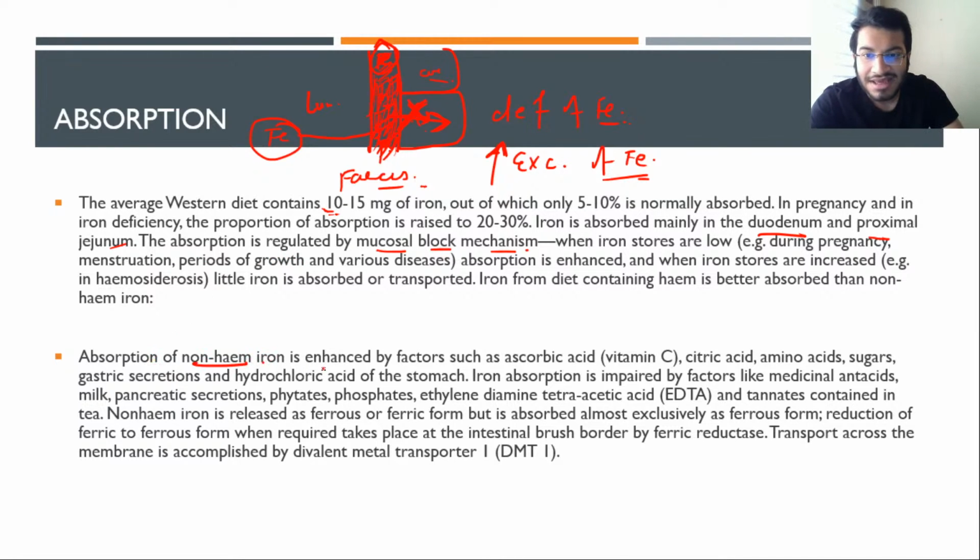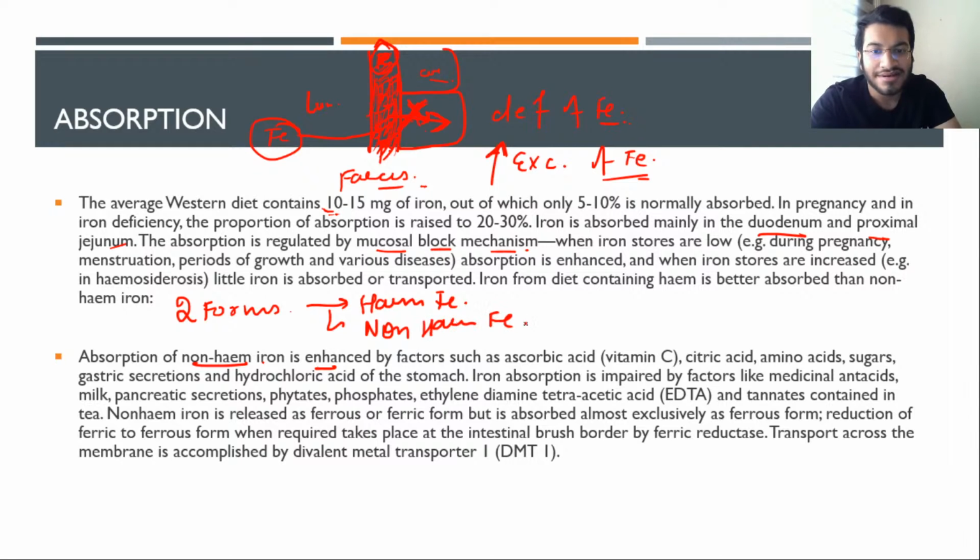Absorption of the non-heme iron is enhanced. So देखो, as I have earlier told you that we can have iron in two forms: heme iron and non-heme iron, right? So what is a heme iron? Heme iron is the iron that you get from the non-vegetarian sources, and non-heme iron you get from the vegetarian sources.